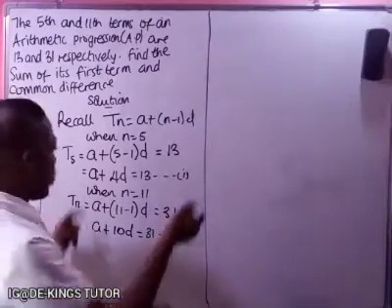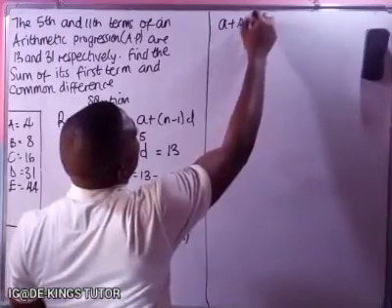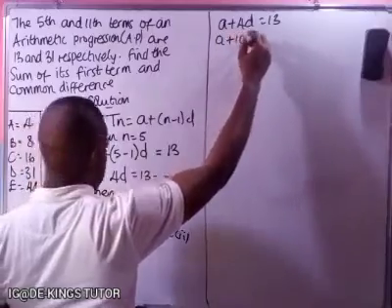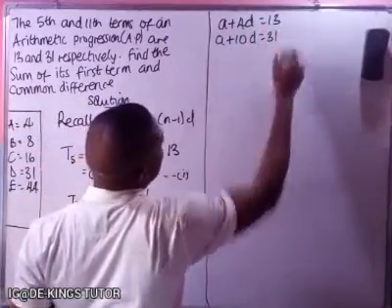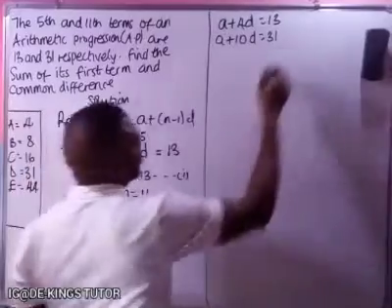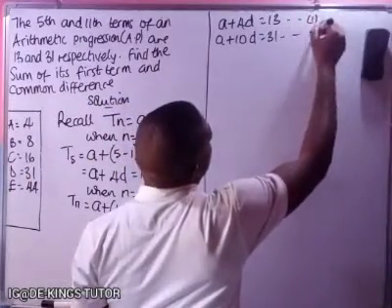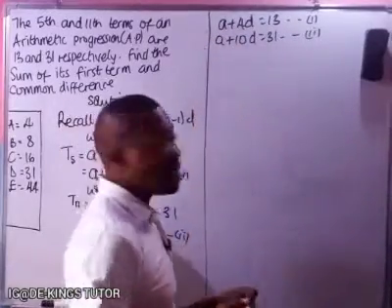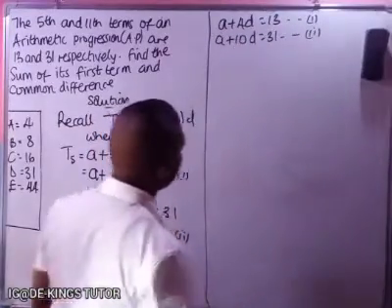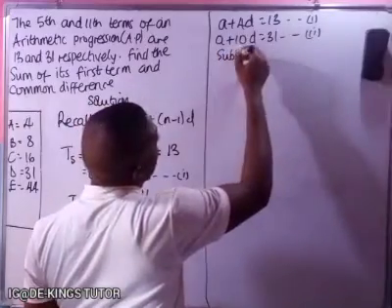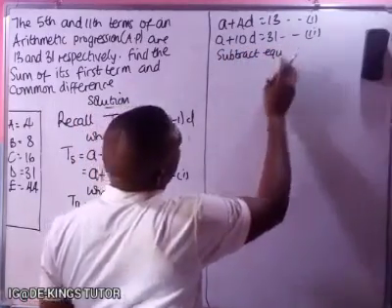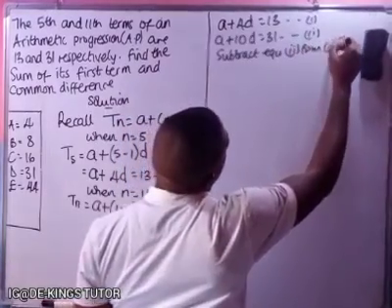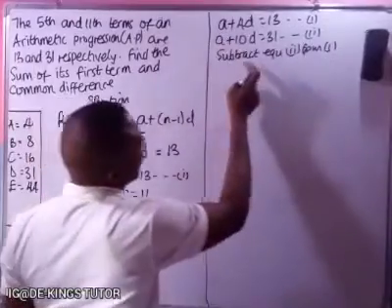So if we do that, now we have a plus 4d equal 13 and a plus 10d equal 31. Now from this equation 1 and this equation 2, we already have the coefficient of a to have the same value. So we're just going to subtract equation 2 from equation 1.